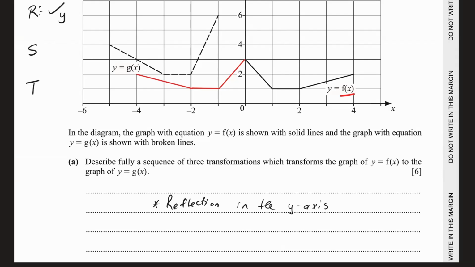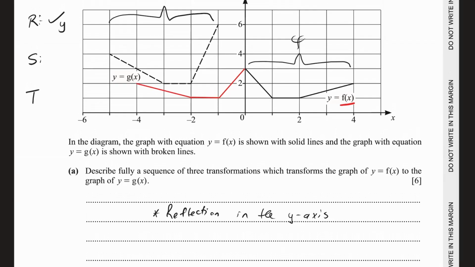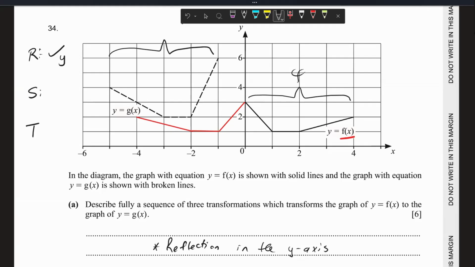Next, I'm going to check for stretches, and horizontally, it doesn't seem like there's any stretch because the horizontal width of the original diagram, which is 4 units, is the same horizontal width the image has, still 4 units. So no horizontal stretches. So for horizontal stretches, there's none.